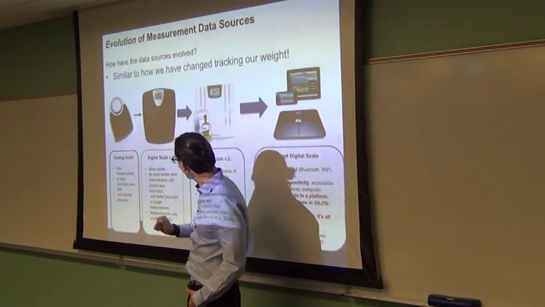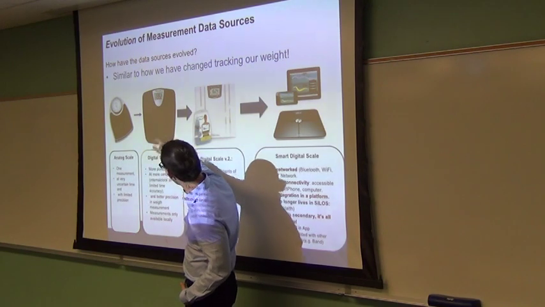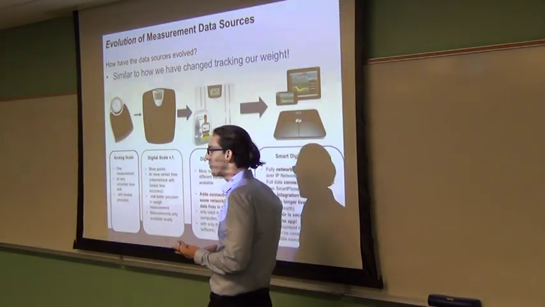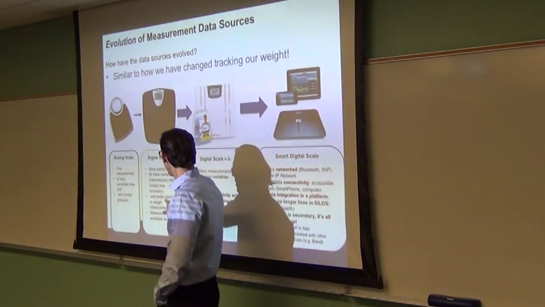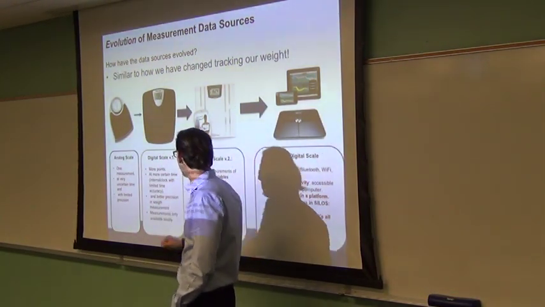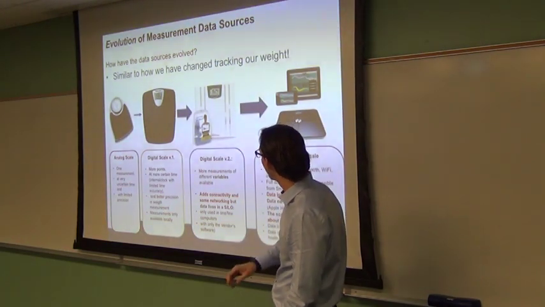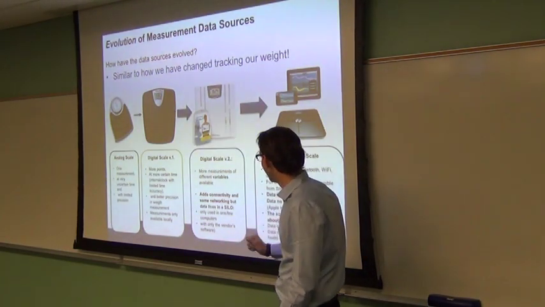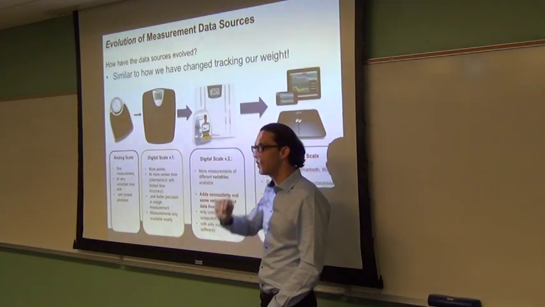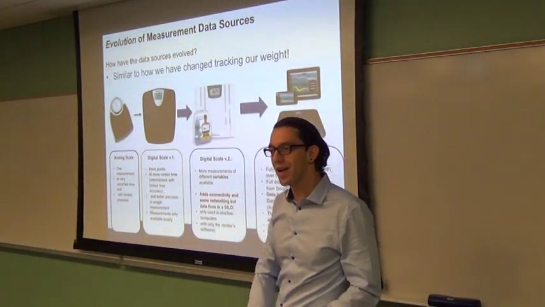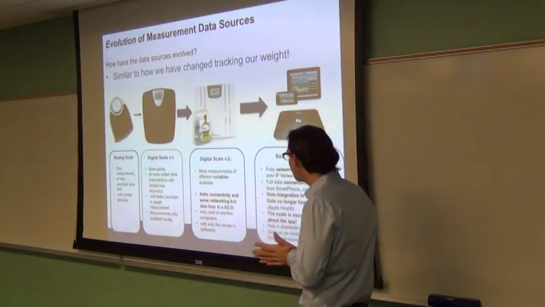You had a more certain time because you had an internal clock, but the internal clock has limited accuracy actually, so we cannot measure really to the millisecond in that case. You had better precision, and the problem was that the measurements were only available locally. Then we have the next version, when you take measurements of different variables, not only your weight, but also your body mass and other things.